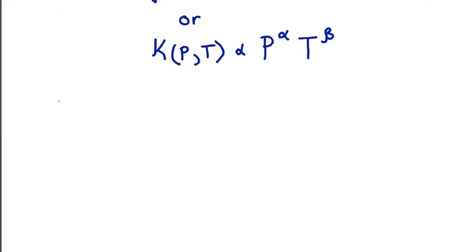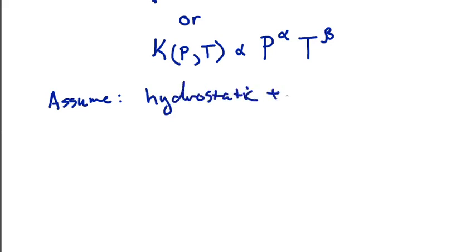So if we assume hydrostatic and thermal equilibrium for a gas that is dominated by Kramer opacities, we end up with the following system of equations to solve.